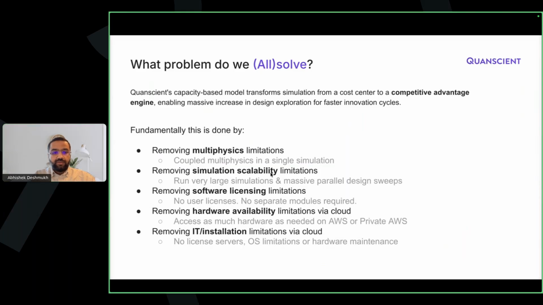And last but not least, which has also been covered in previous webinars, is the installation and IT. So there is basically no maintenance of the compute infrastructure, installation and so on. You have access directly as you get the login credentials.